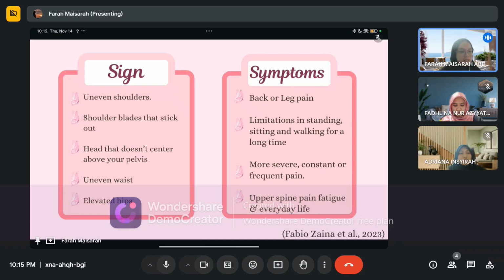This can happen if the curvature of the spine is about 40 degrees, and it can become more severe, constant or frequent pain for the patient. And last but not least, upper spine pain and fatigue in everyday life. If they feel discomfort around their body, it will affect their social activity and give them fatigue or pain like that.